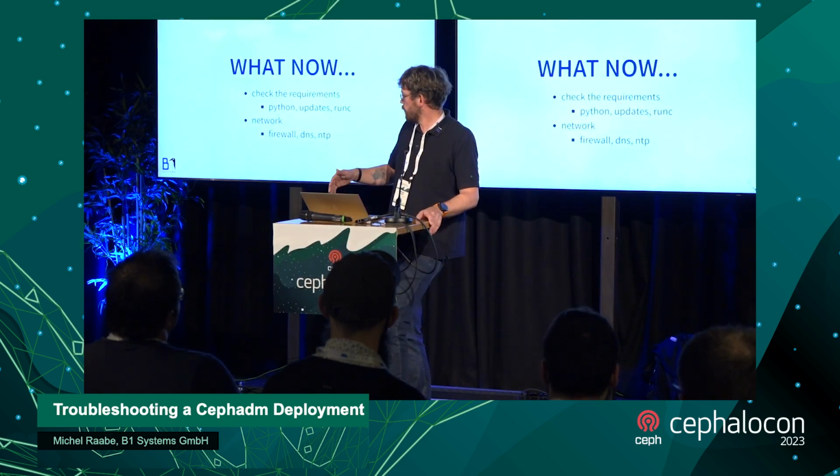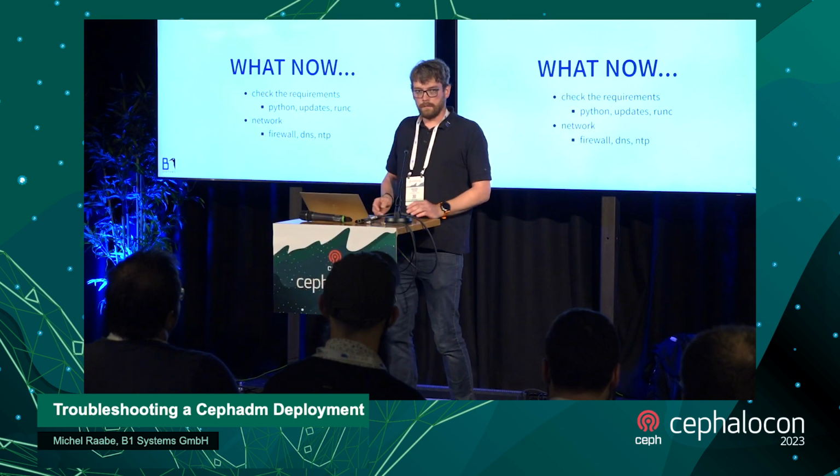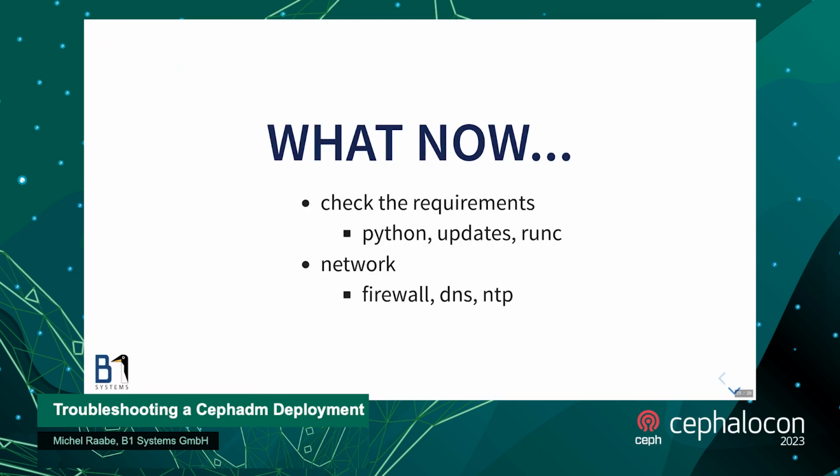So with that, what can we now do? First thing, requirements. I know that's standard, but as a consultant, I see a lot of stuff that is not done in the requirements. So updates, correct Python installation. Is Python installed? The correct container configuration, Podman, Docker, is the registry set and all the stuff.